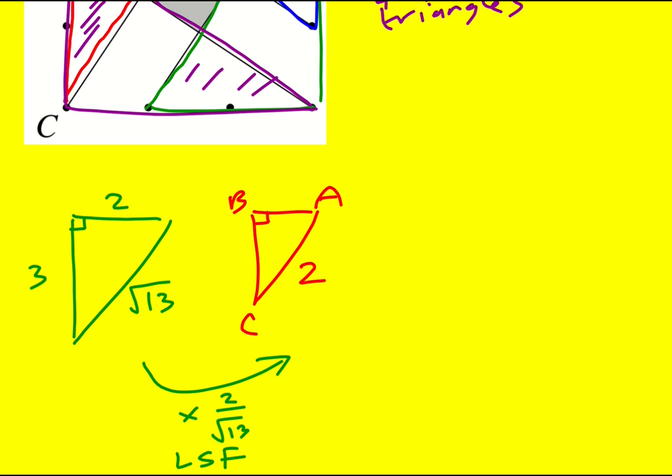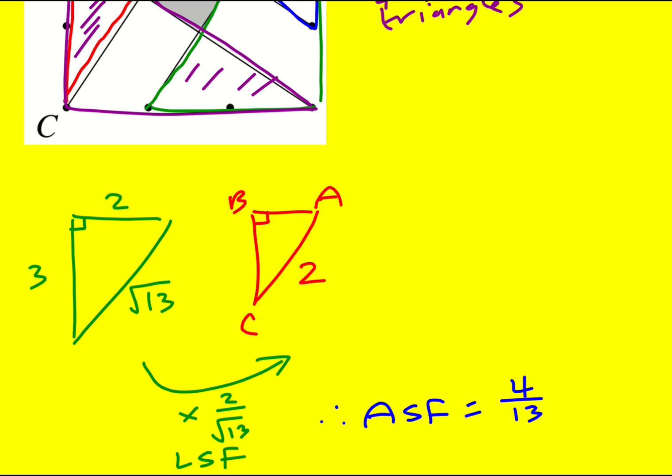Now, of course, you could do that for the two lengths to work out these lengths and work out the area, but there's an even quicker way. You can do that if you want. There's an even quicker way. So the area scale factor, we can just square the length scale factor. It's going to be 4 over 13.